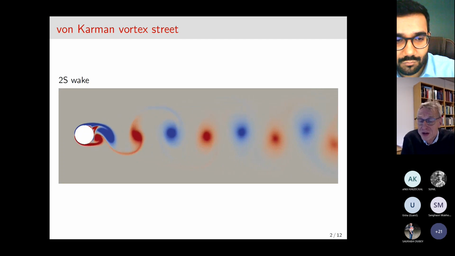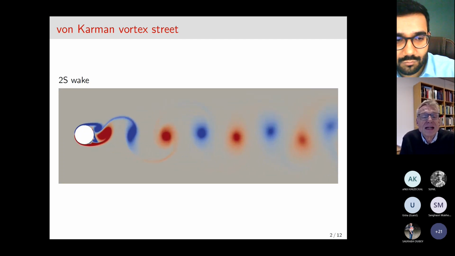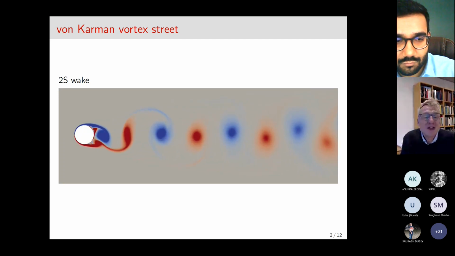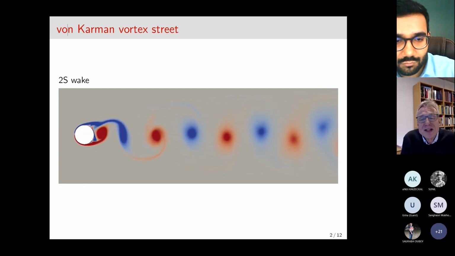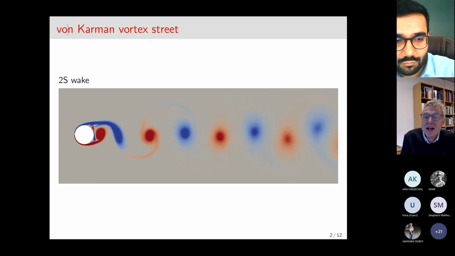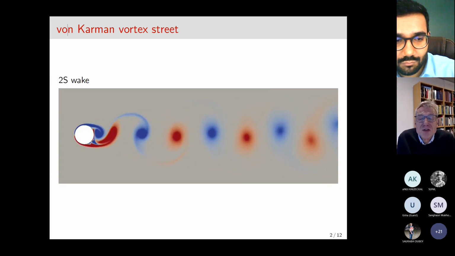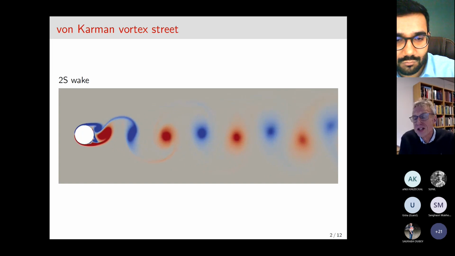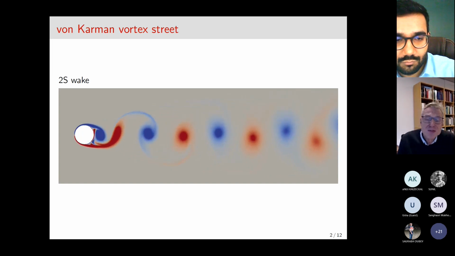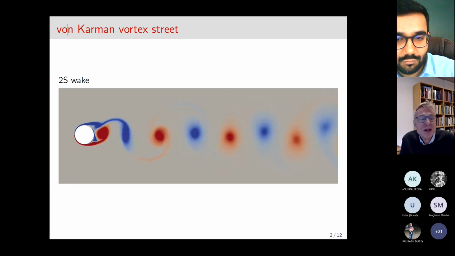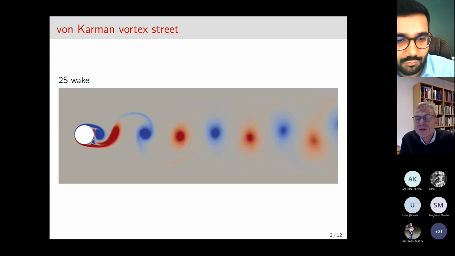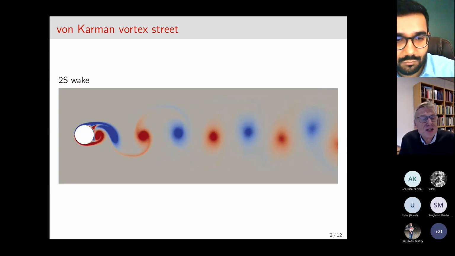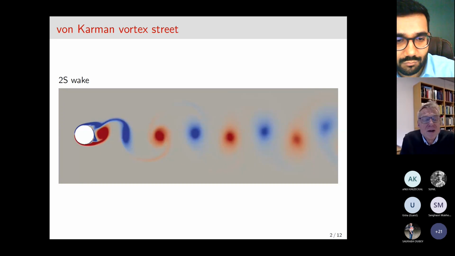So the flow here is periodic, and you see these very clear structures that are generated, and they are very robust, even though the vorticity of the individual vortices will diffuse out, as you can see, as they move downstream and time is increasing. But they are very well organized structures, and this is a very robust phenomenon.